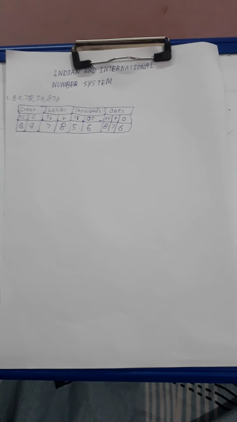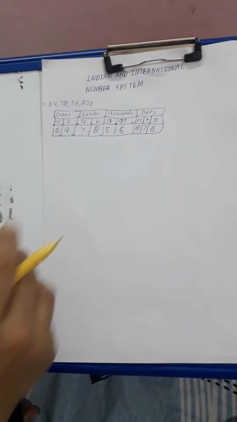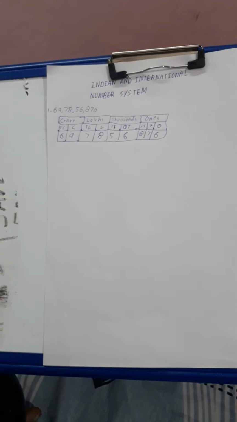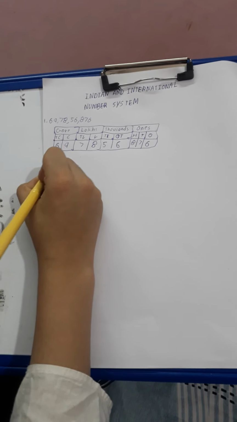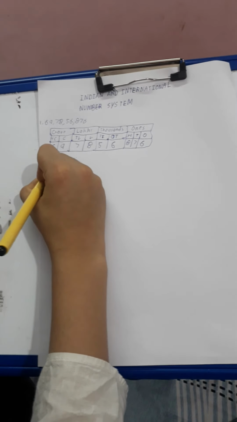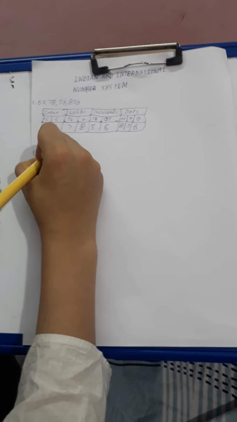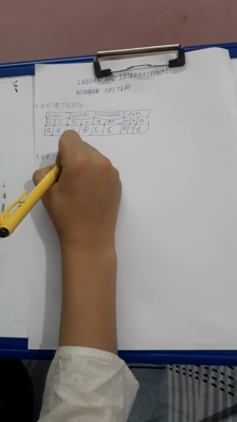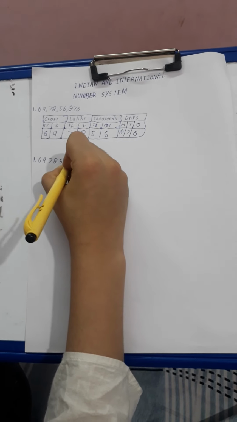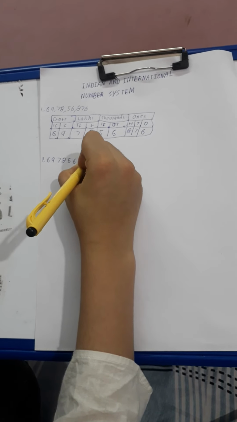Now we will study the same number in the international number system. The magic will happen. First, the number is this only. I have left space because we will have to make a comma, so we make a period.